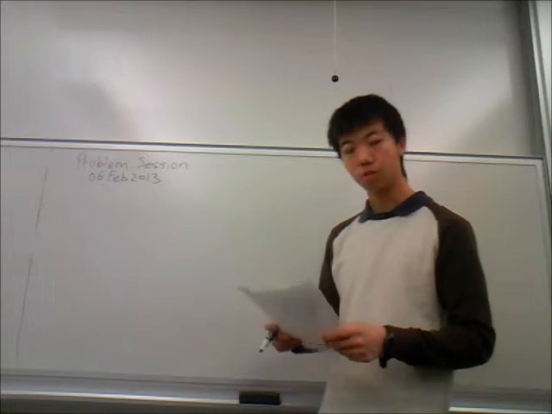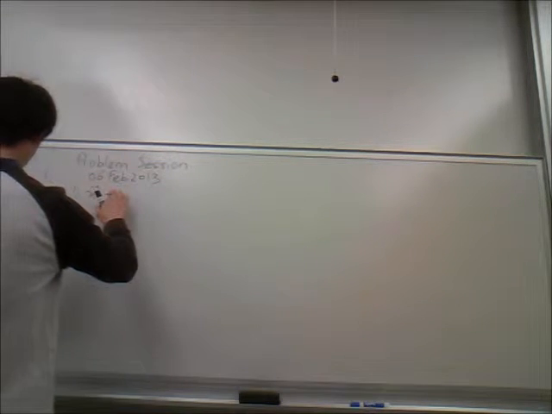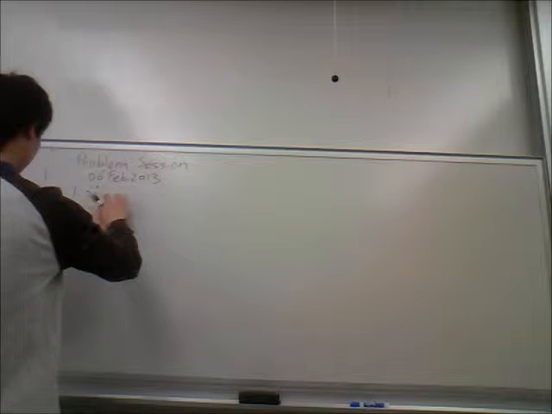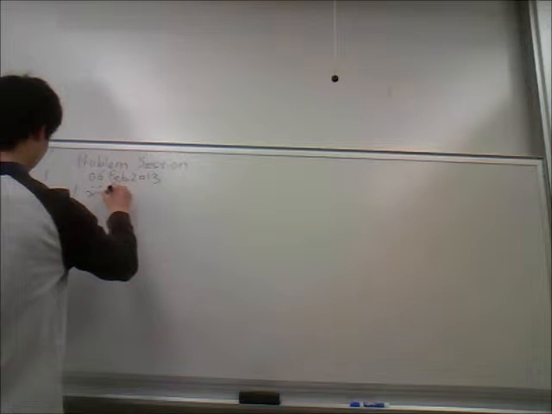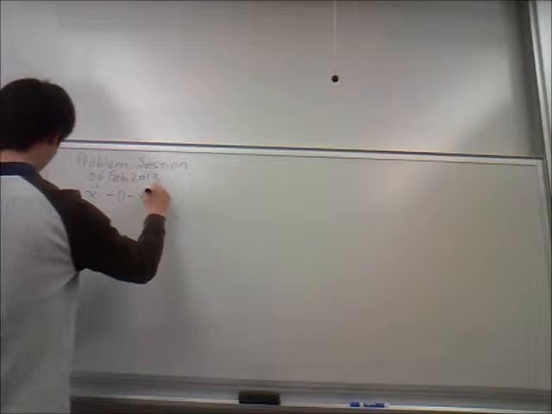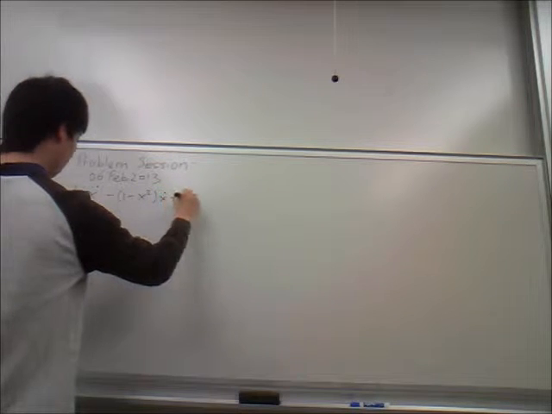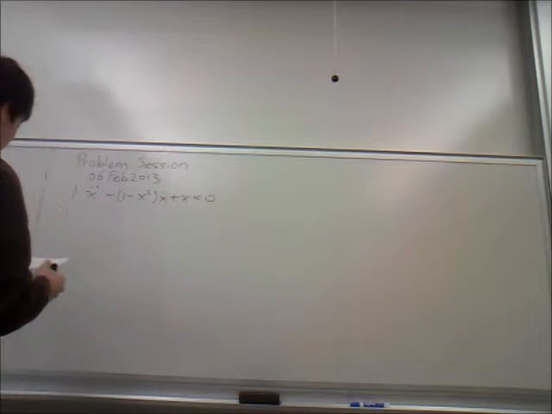So just quickly, number 1, you're dealing with a van der Pol oscillator. So you have something like x double dot... something like this.